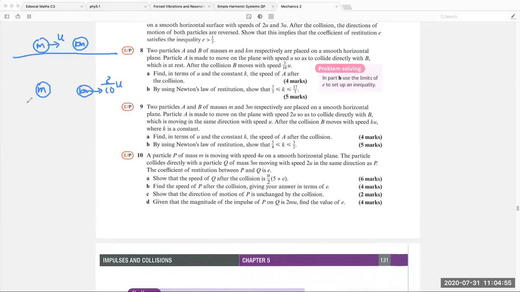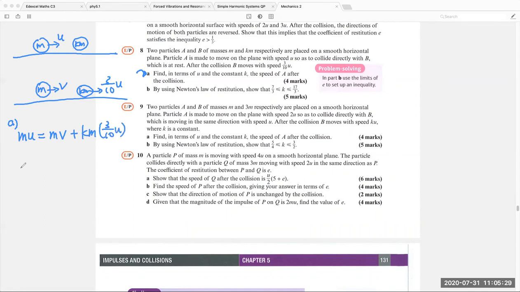And then you don't know the velocity of this one. So let's say this has a velocity v. For part A, you need to find, in terms of u, the speed of A after collision. So what you do is use the conservation of momentum. m1u1 plus m2u2 equal to m1v1 plus m2v2.